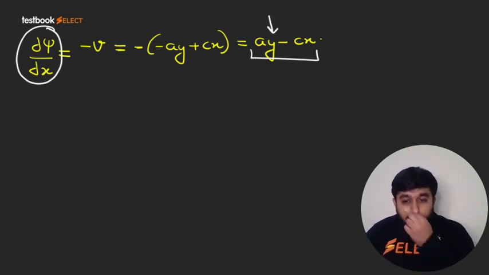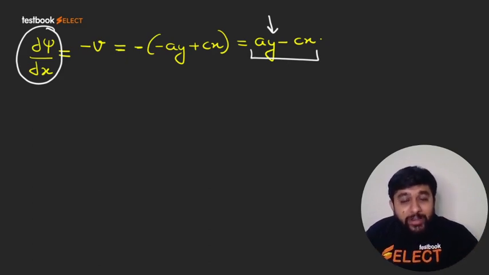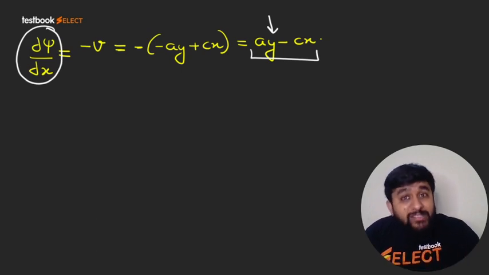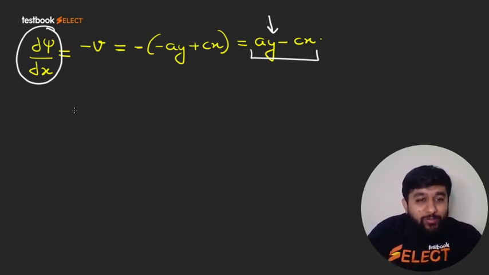Now let me reverse the partial differentiation, let me integrate it. If during the differentiation y was treated as constant, let me consider y as constant during the integration as well. So del psi by del x, if I integrate it, I will have psi. So what are we going to get?